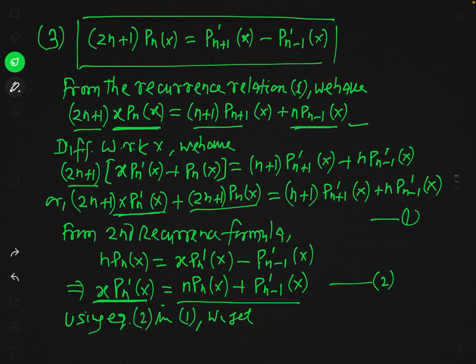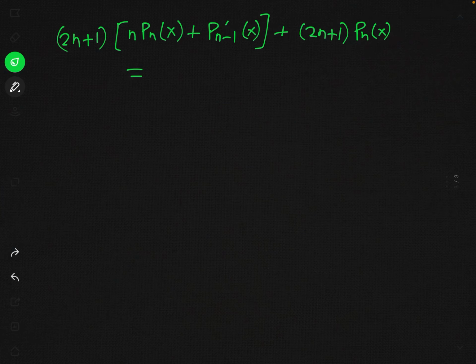You can see here this is equal to n plus 1 into Pn plus 1 prime of x plus n Pn minus 1 prime of x. So write this RHS here.